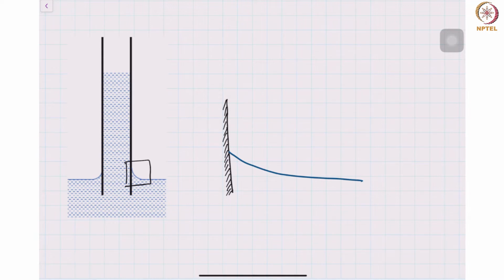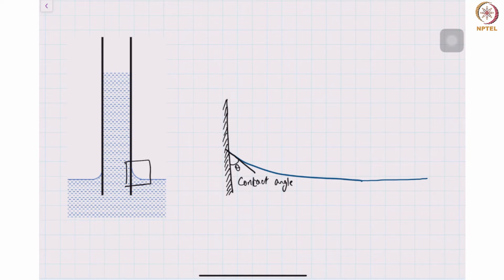You could even have any angle depending on the nature of the surface. This angle is the contact angle. In this particular case, nothing is moving, so we can call it the static contact angle. The interface bends, but far away it has to return to its horizontal state because gravity is pulling the fluid down.